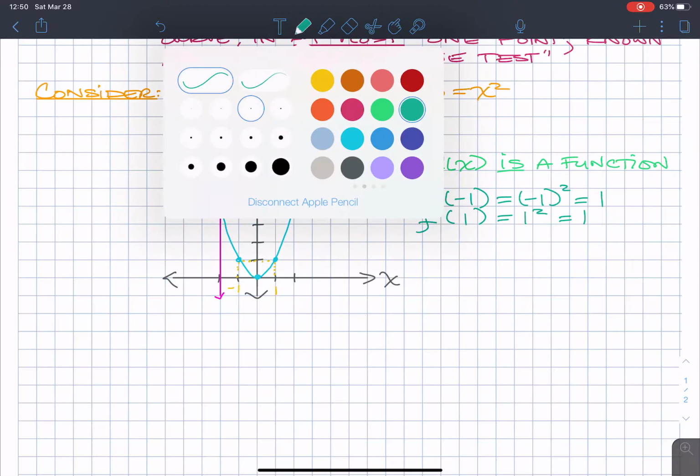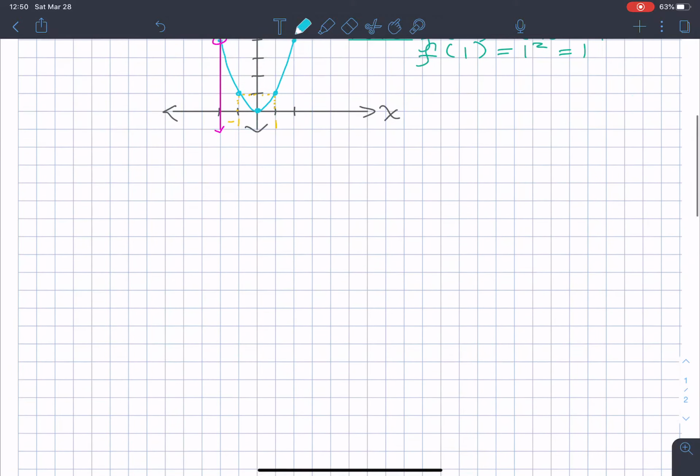So, definition. Would be a good time to get out your symbols sheet.